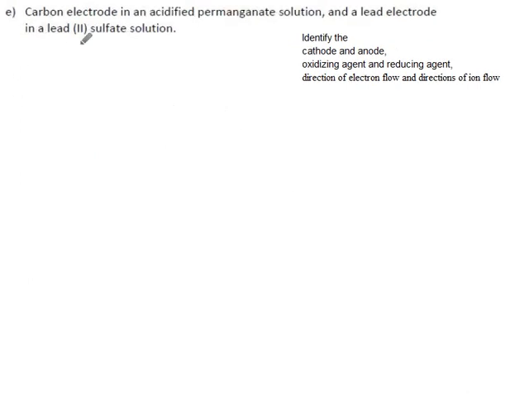Okay, last one of these. Carbon electrode. Carbon, like platinum, is inert, and so we're not going to include it in our list of chemicals. We know it won't do anything. So the list of interesting chemicals starts with acid permanganate, H plus, MnO4 minus, and a lead electrode in lead 2, and I don't think the sulfates will do anything, but we'll keep them on the list.